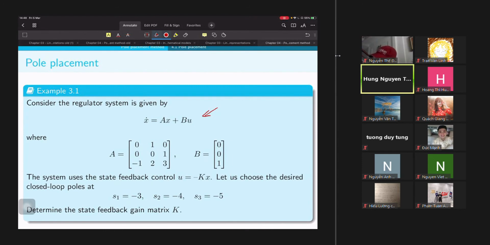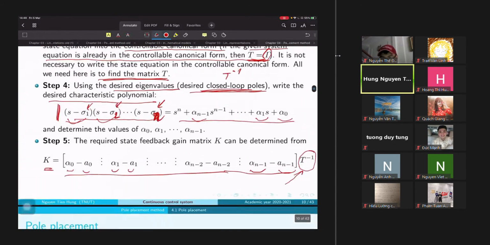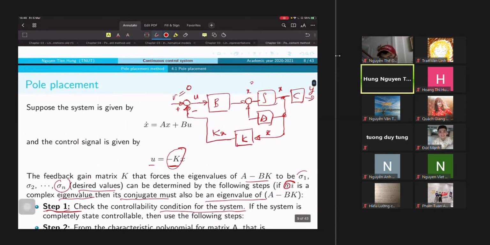So we have matrix A represented in this form, and B in this form. And we assume that we choose the desired closed loop poles here.